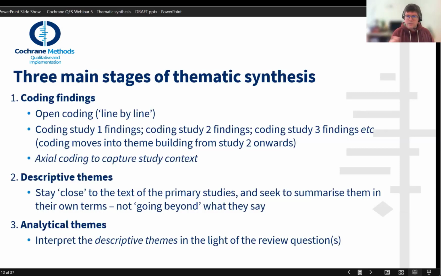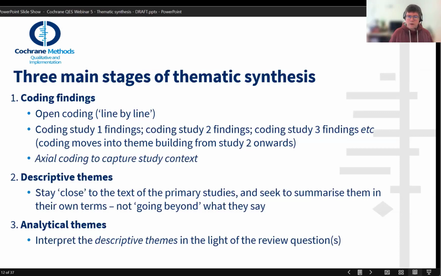A code is potentially just a sort of data reduction to say that this sentence is about this particular theme. And once you start looking across studies, you start developing descriptive themes, which are essentially codes or concepts which you're seeing in more than one study. What we're trying to do here is to stay very close to the text.